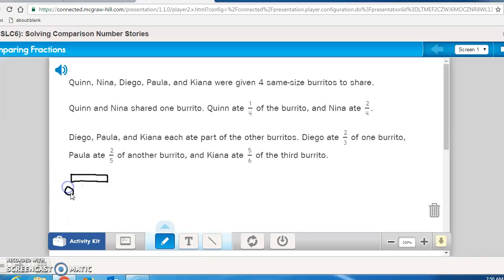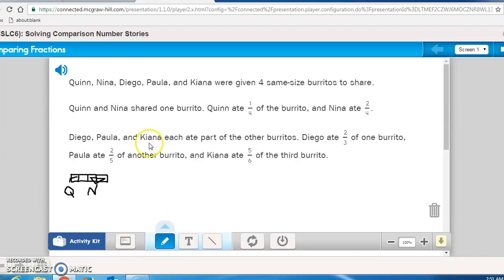So I put a Q and an N. They shared 1. It says Quinn ate a 4th. Well, that tells me that I need to have 4 equal sections. Quinn ate just this one, 1 out of 4.